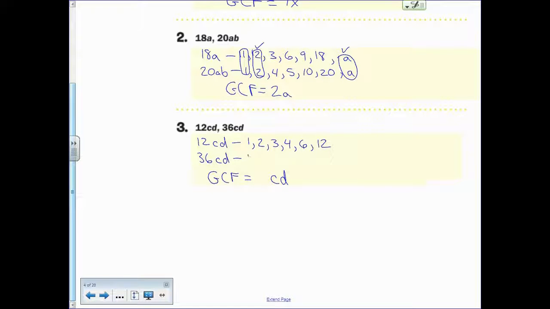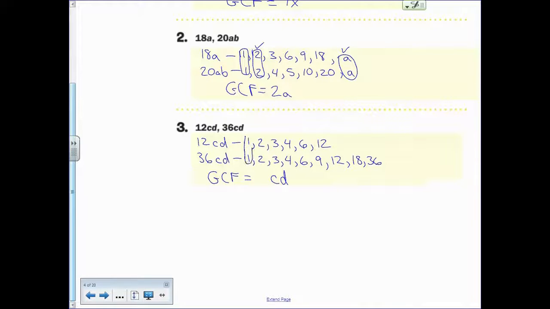36 has a lot. 1, 2, 3, 4, 6, 9, 12, 18, and 36 are all factors. And I hope I got them all, but I think I do.